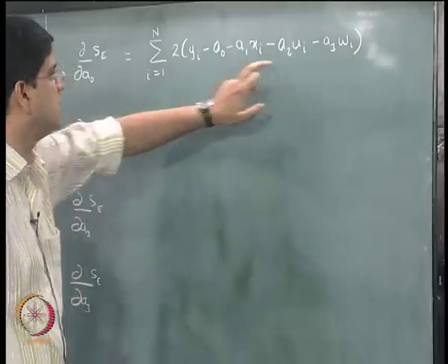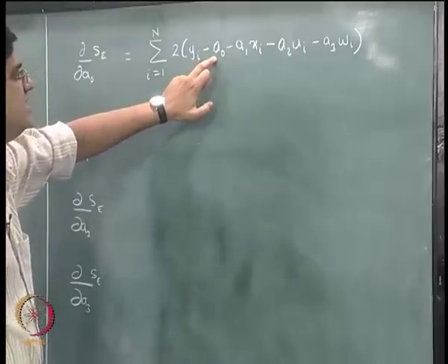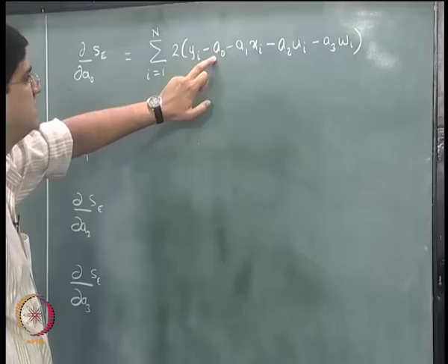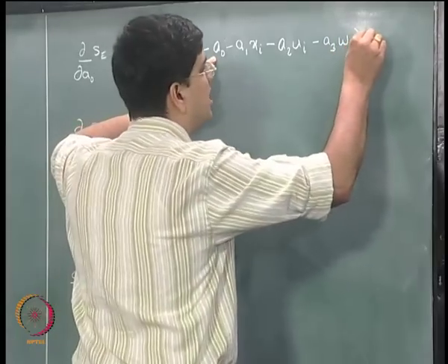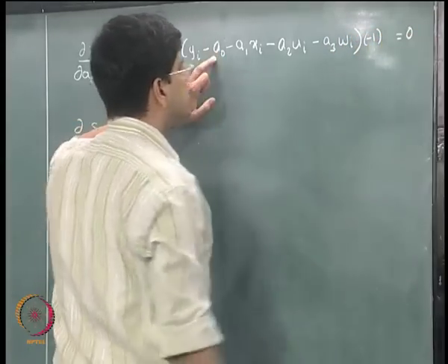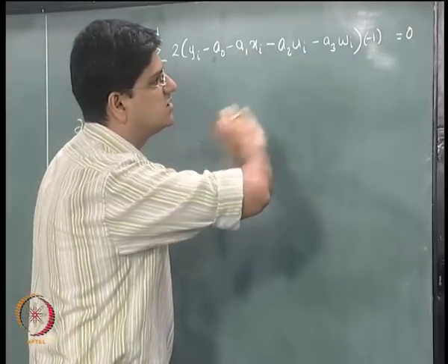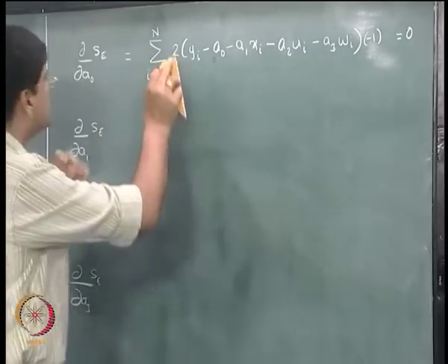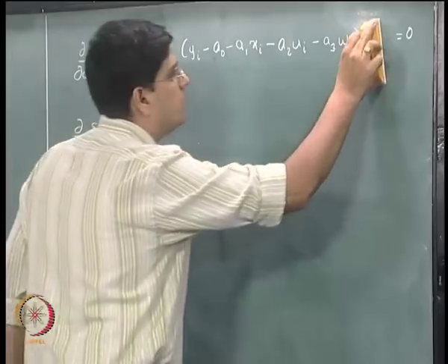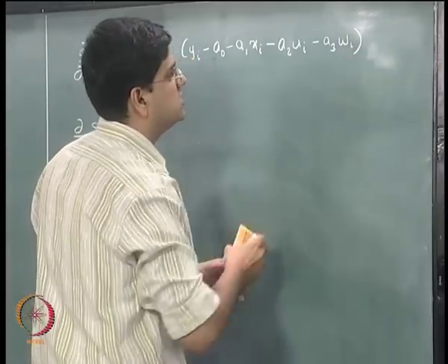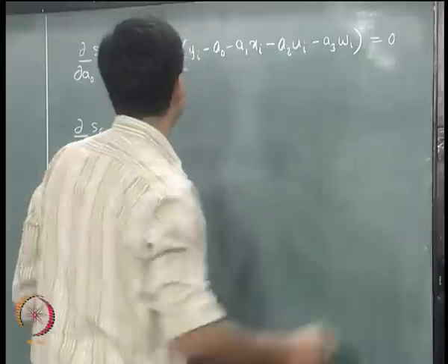This particular guy is f, so df by dA0 is nothing but minus 1, so multiplied by minus 1 equal to 0. We can delete the 2 and the minus 1 throughout, and essentially we will get the first equation as this equals 0.